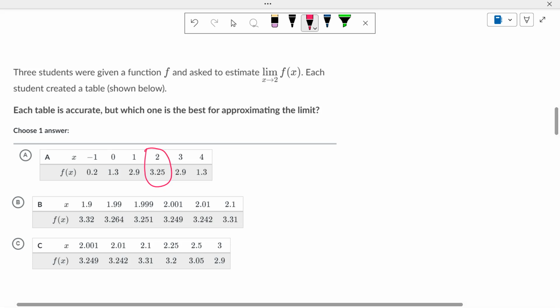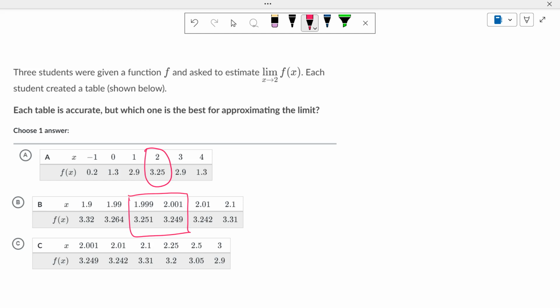Here, we're approaching from both ways. And it looks like it could be 3.25. And here, we just approached from one direction. Which would be the best example of finding a limit, A, B, or C?